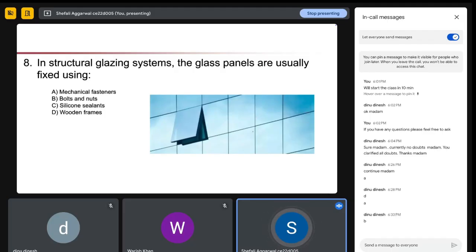You might have seen this type of buildings in normal high-rise buildings or some IT parks or something. So here when we are joining two glasses, we are joining them using silicone sealants.